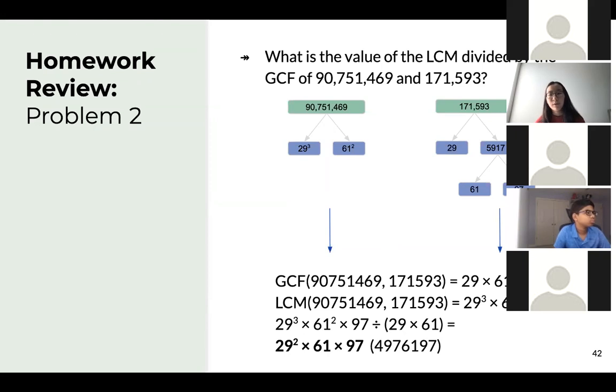Also, before we move on, how confident do you guys feel about prime factorization? Because we're going to be using that basically throughout the whole lesson, and you need to be very familiar with it. You can rate it from 1 to 5 in the chat, or even private message me.